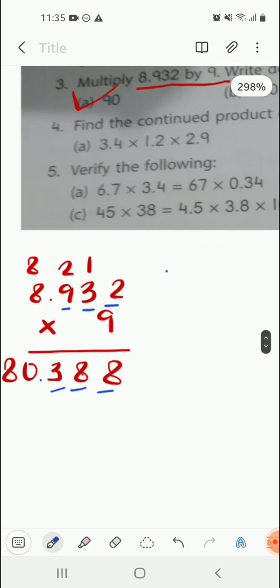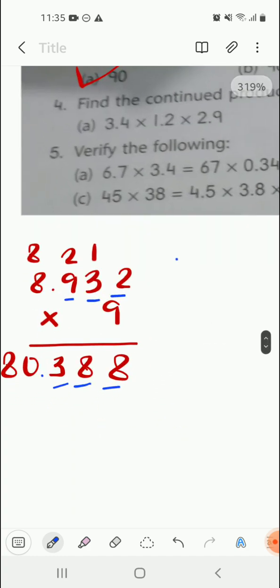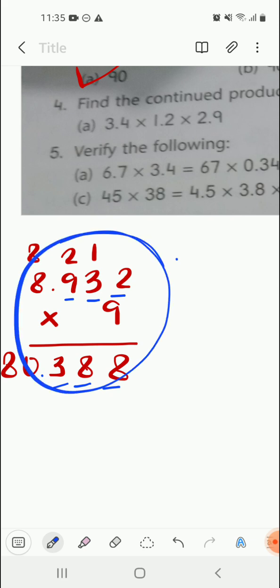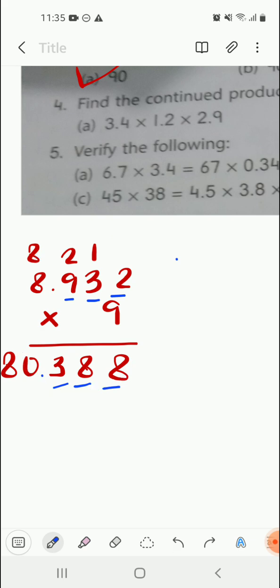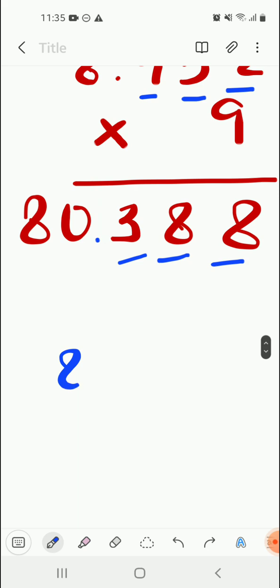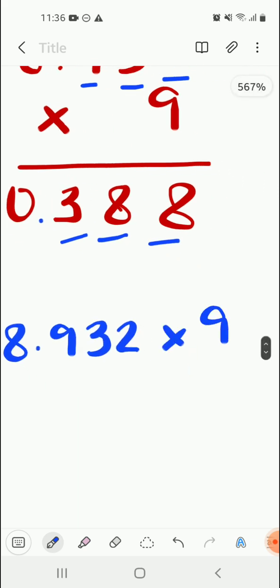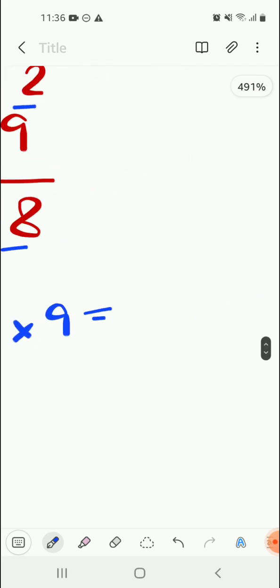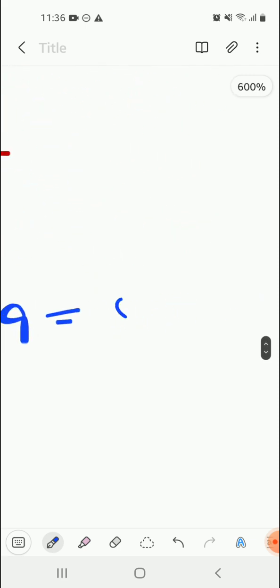So now we have to multiply the same number with 90 and check the answer. Now see, we do not have to follow the entire process. You can do it in a simple step. For that, if you first of all write it in this manner, 8.932 into 9 is equal to 80.388, right?